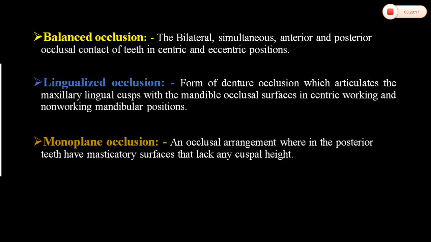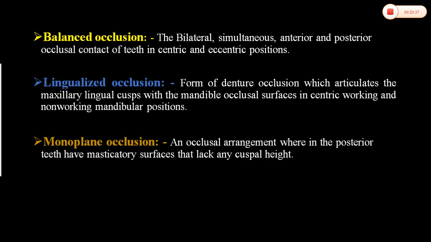Then monoplane teeth. You all remember the different forms of posterior teeth. You have anatomic forms, non-anatomic forms. So non-anatomic form or zero cusp, where the occlusal surfaces of posterior teeth are flat.